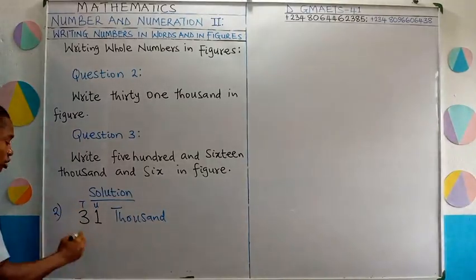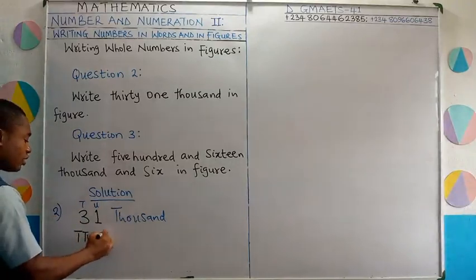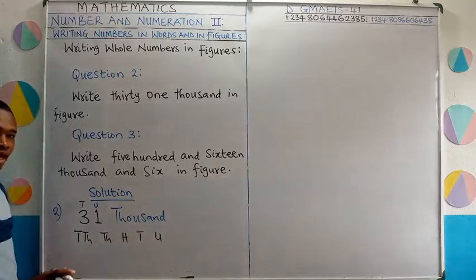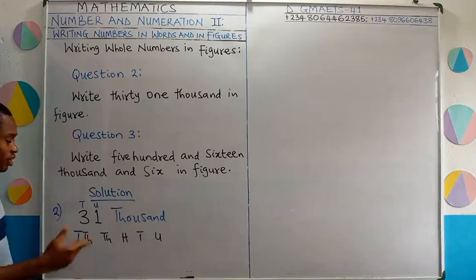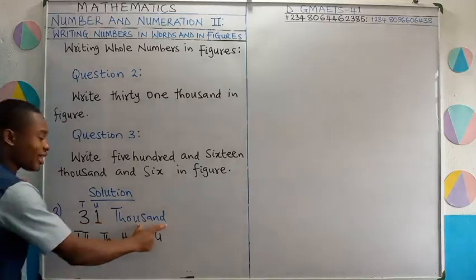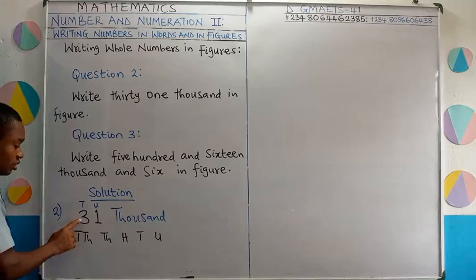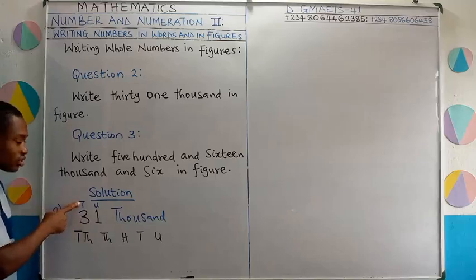And for that reason, I'll write my place values, okay? Tens of thousand, and then thousand, hundred, tens, and what? Unit. This is just what I will have there. And then I'll start filling the place values with the correct digits. Remember that this 31 is already in thousands. Look at it, thousands. This 3 is under tens of thousands.